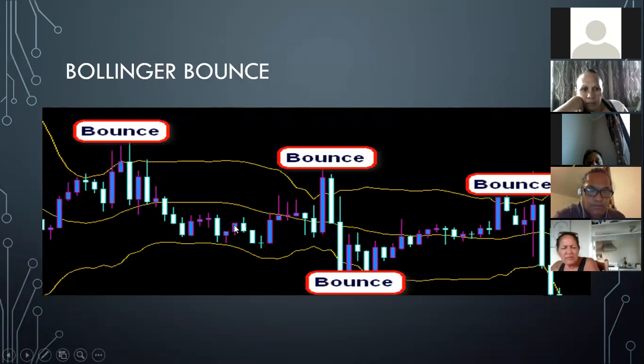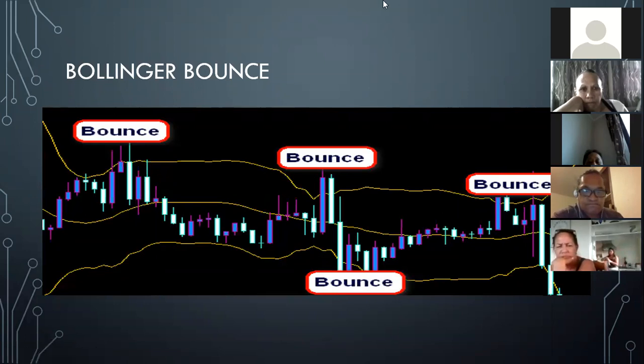Bounce, bounce, bounce, up, bounce down, bounce off. It continuously starts to bounce off the band. Now, once you apply the Bollinger Band to a chart, you will see that the graph or the candlesticks break the band, but they will not break it extremely and obviously push outside the band itself.